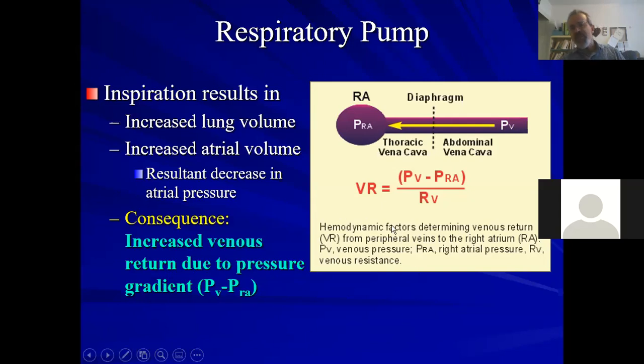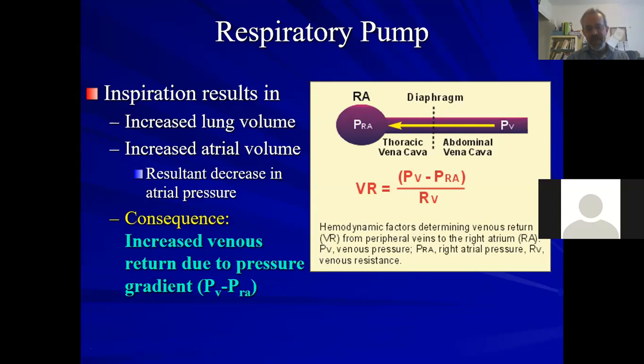So we've got three main things going on here: the skeletal muscle pump, the respiratory pump, and of course, all of this is made possible by the valves. This all drives blood up, overcoming gravity, because gravity is a problem, especially in your legs.